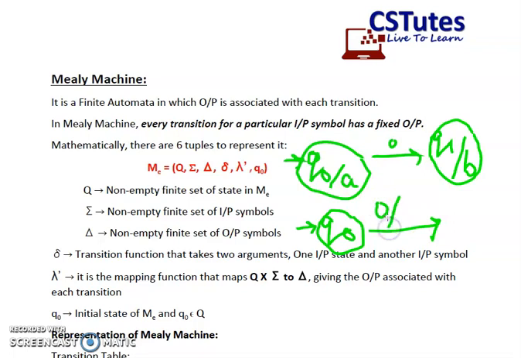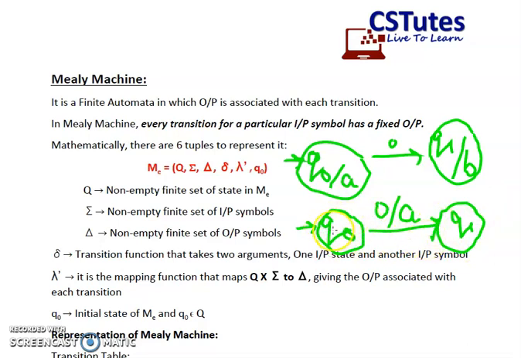While reading the input symbol 0, we obtain the output, for example, let's say A. Then we reach the state Q1. So as I have mentioned, in the case of Mealy machine, the output is associated with the transition. So when we are transiting from state Q0 to state Q1, the output is associated with the transition.